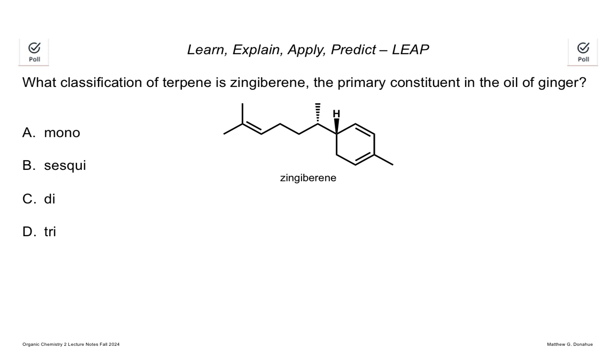The oil of ginger is called zingiberene. I think I'm saying that right. Can you identify the isoprene units, count them, and then classify this terpene?